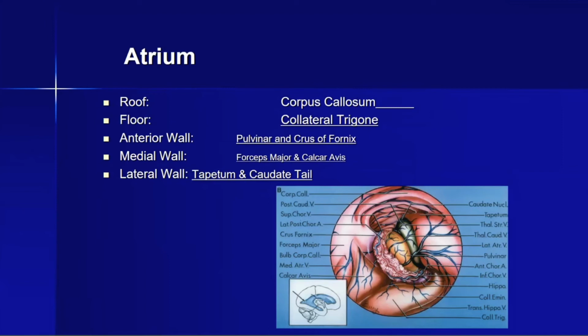So the calcar avis obviously is right next to the calcarine sulci. So you could potentially get into the primary visual area if your catheter indents the medial wall too much. If you are not careful about the trajectory and you end up through the pulvinar into the thalamus, you can have a very bad thalamic injury.